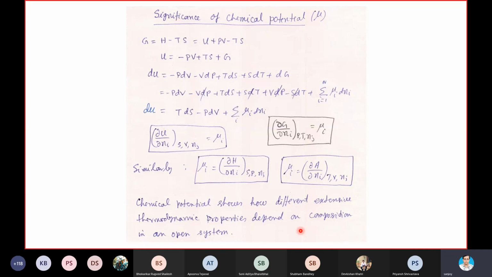Chemical potential shows that: how different extensive thermodynamic properties, U, H, G, A, depend on composition. Chemical potential is a measure of that, how these different extensive properties change with composition, only under different conditions. That you have to remember.